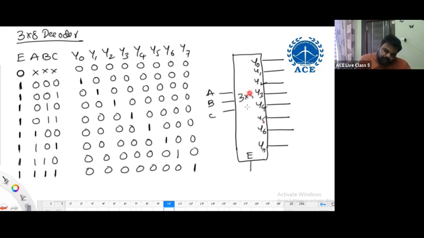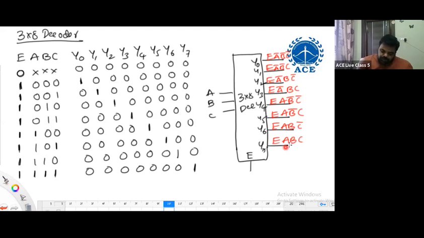It is a 3 to 8 decoder. Then what do we get here? E A bar B bar C bar. Next, E A bar B bar C. E A bar B C bar. E A bar B C. E A B bar C bar. E A B bar C. E A B C bar. E A B C.